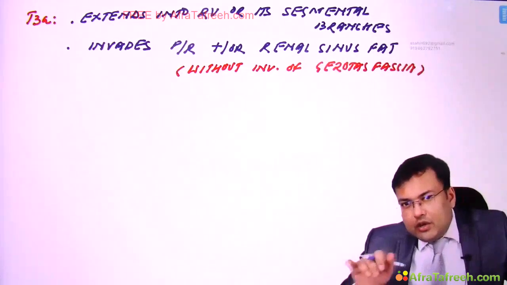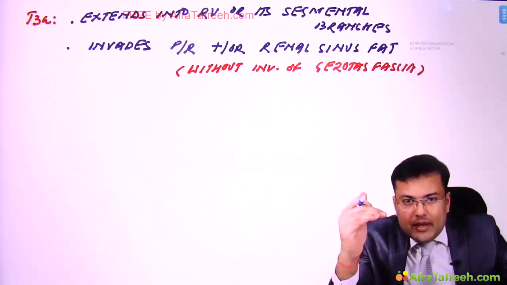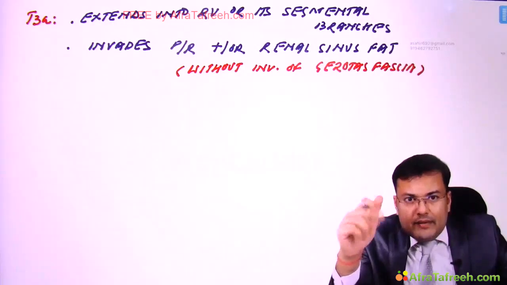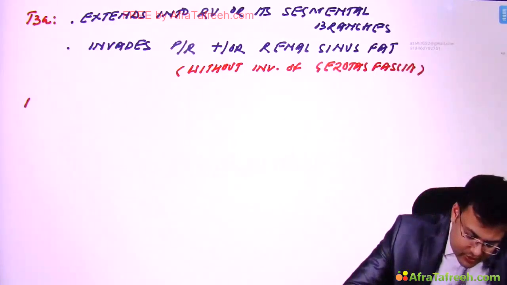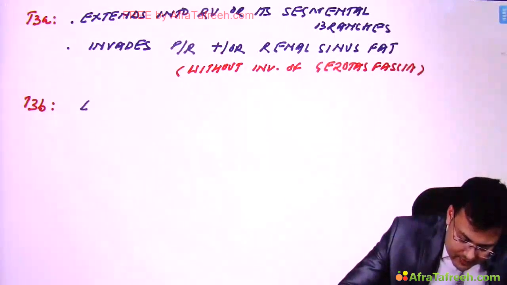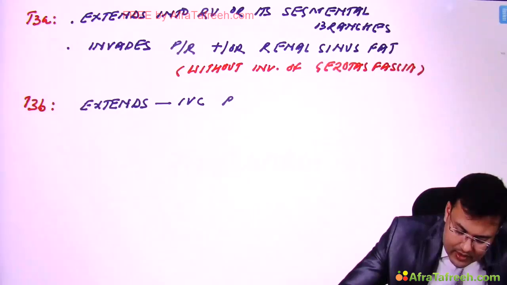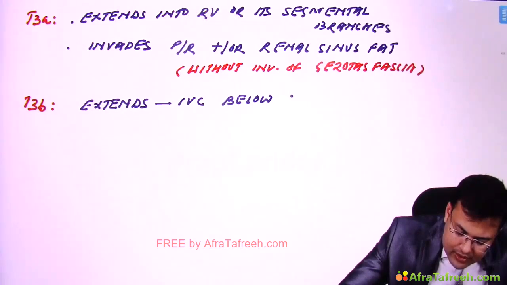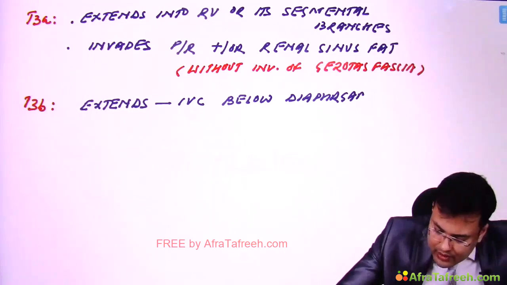Now when the tumor grossly extends into inferior vena cava but it's located below diaphragm, it is T3B, and if it's above diaphragm, it is T3C. So what is included in T3B? Tumor extends grossly into IVC below diaphragm.